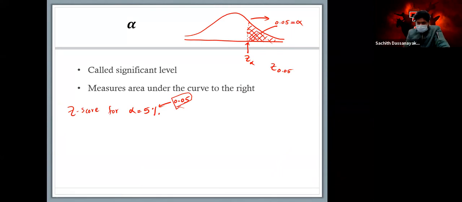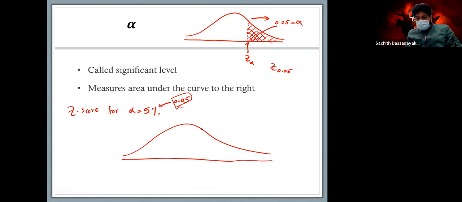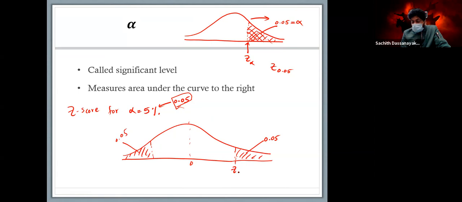Okay, clear? I think I didn't mention in our normal distribution section, since the standard normal distribution is symmetric about 0, if you pick, let's say 5%, which means 0.05 from the right hand side, and then pick the same area from your left hand side, let's say 0.05 from here, this z-score value is the same as that z-score value but with a different sign, right?